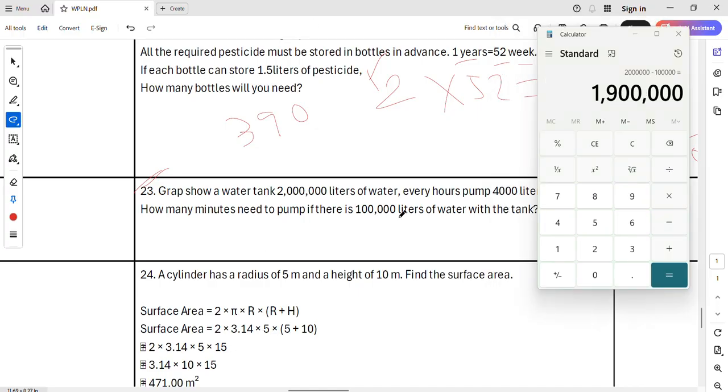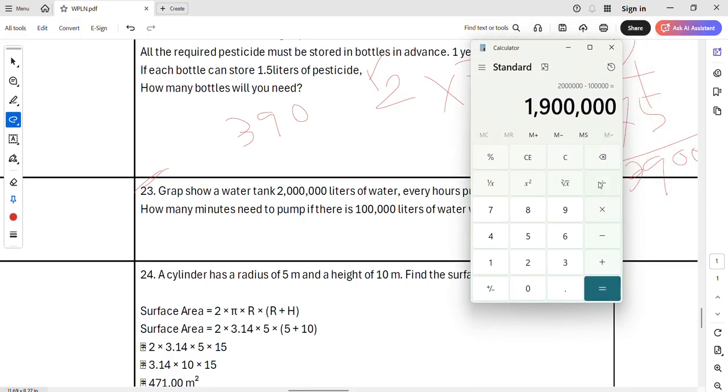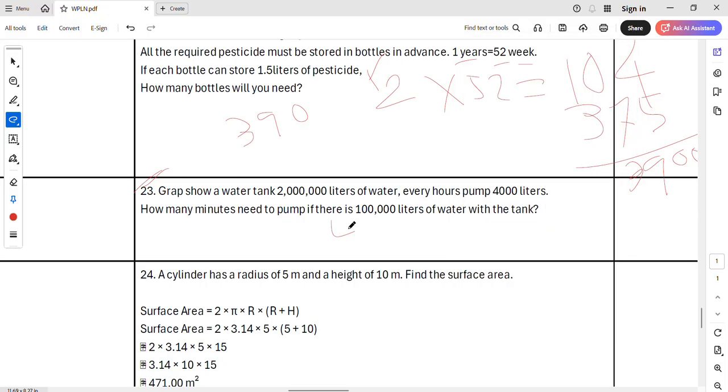So 200 minus 100, do the subtraction. After that, do the division with the minutes, 4,000. Sorry, 475 minutes needed to finish the water.